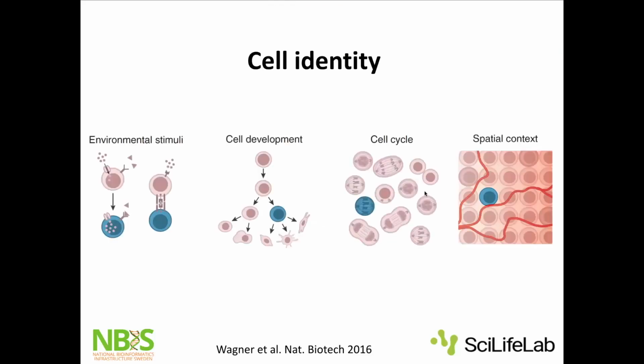So we might want to group our cells into clusters. And before even starting to do the clustering, we really need to consider what it is we want to cluster.